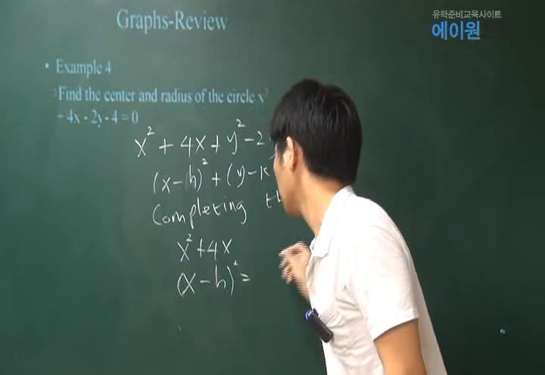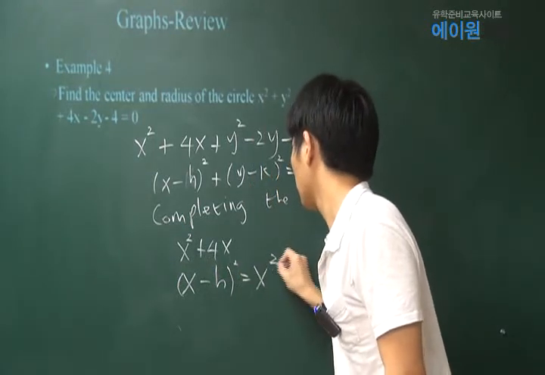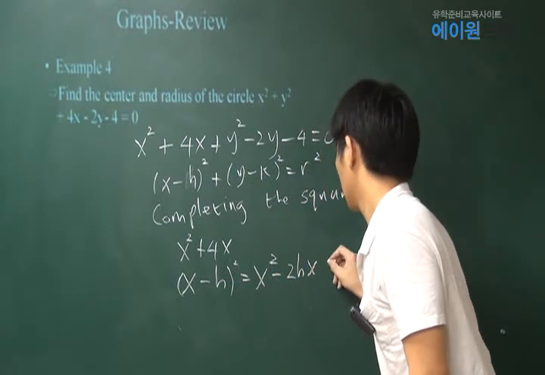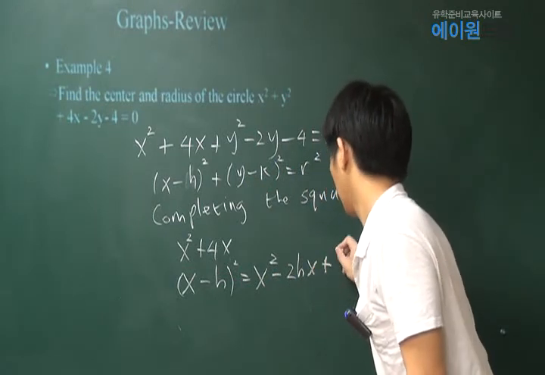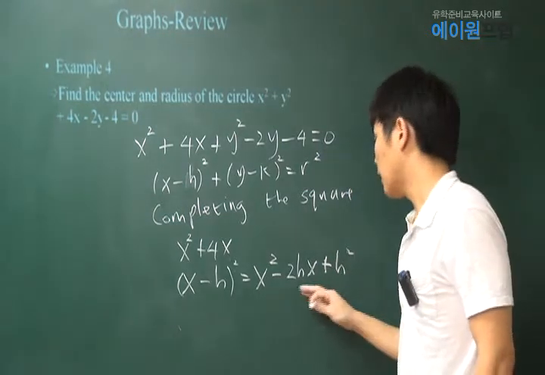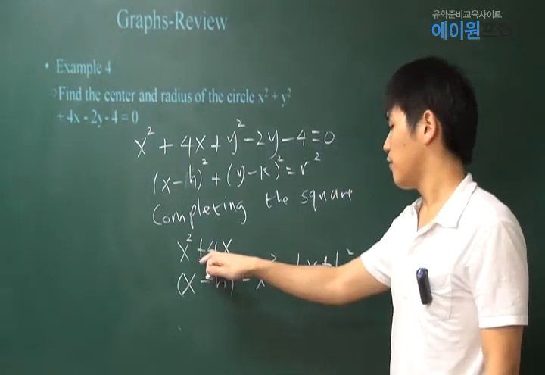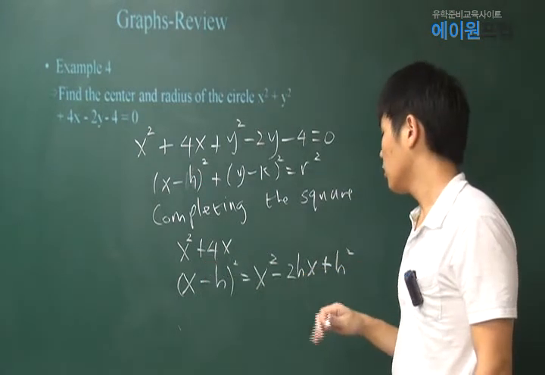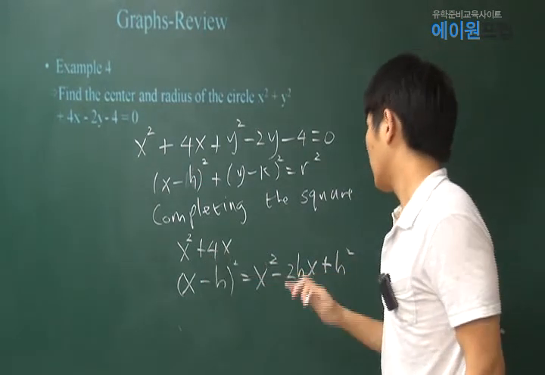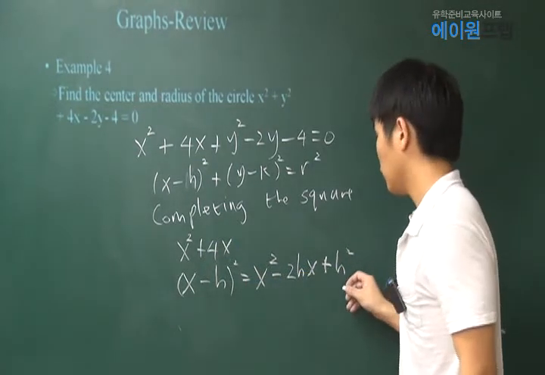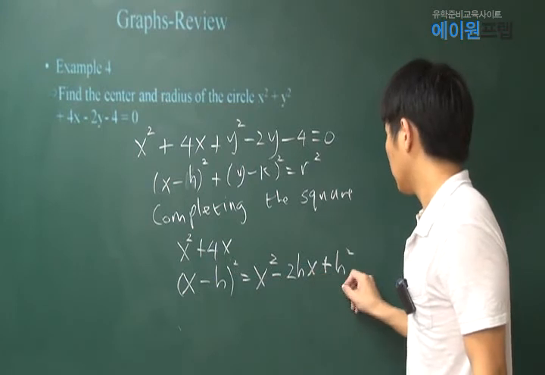So if I simply write this out, it is x squared minus 2h x plus h squared. So what does this tell us? That this is in fact minus 2h. So if this is minus 2h, the h value we're looking for is in fact negative 2.